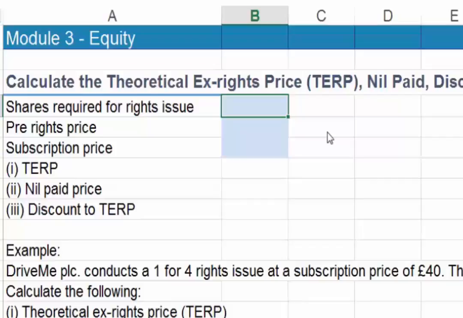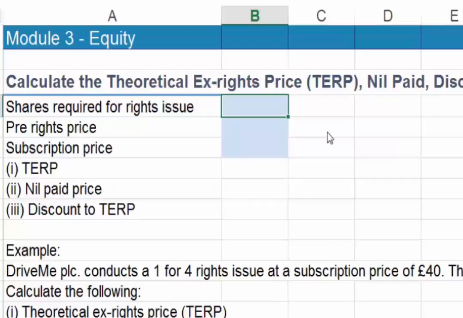And in the example, that's going to be £40. And with that, we can then calculate from the 3 questions the theoretical ex rights price, the nil paid price, and the discount to the TERP. Let's plug some numbers in. If you want to have a go at this, just pause, have a go, compare to the solutions on the next page, or listen to my recording, and we will put through the solutions.